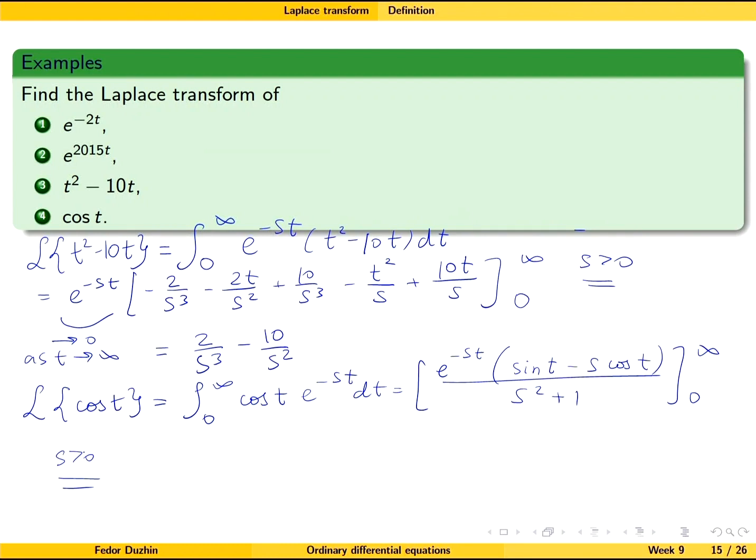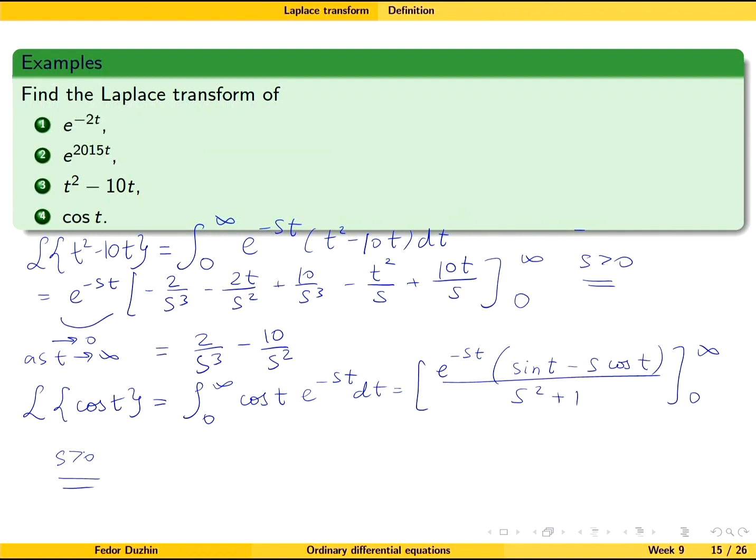So in order for this expression to have a finite limit when t goes to infinity, s has to be positive. But if s is positive, then the limit of e to the minus st at infinity is 0. The limit of the whole expression is 0. So therefore, the answer is minus the value of this expression when t is 0.